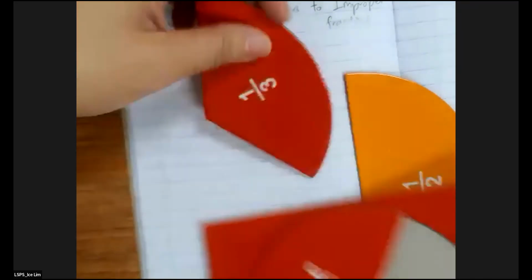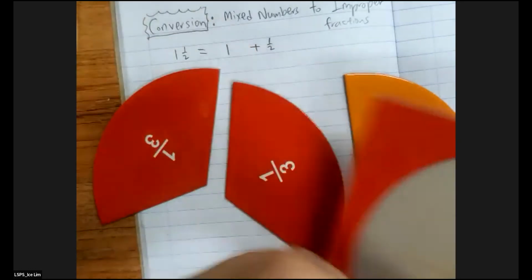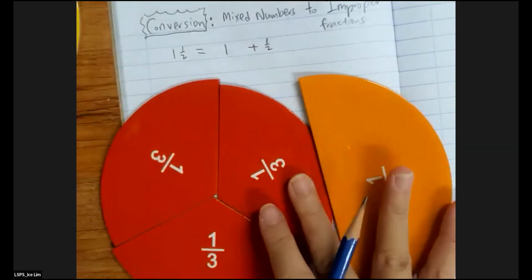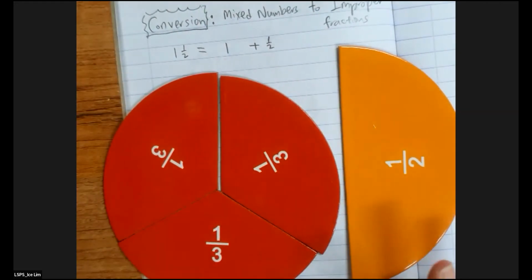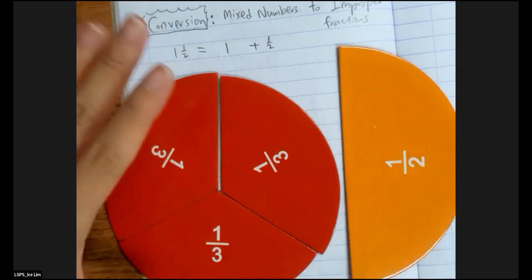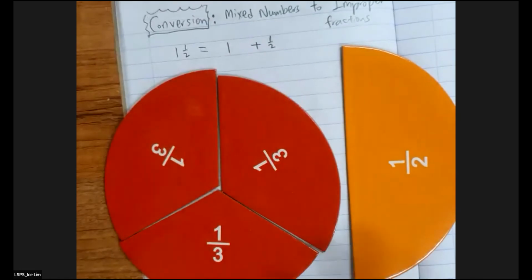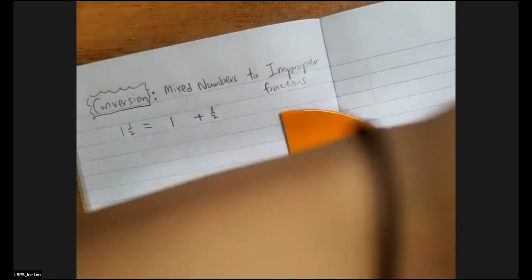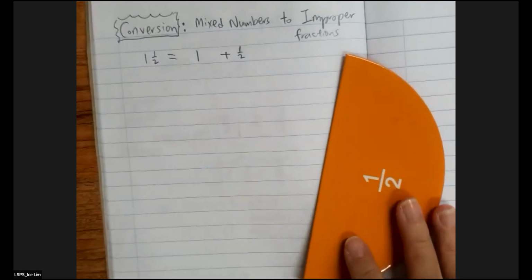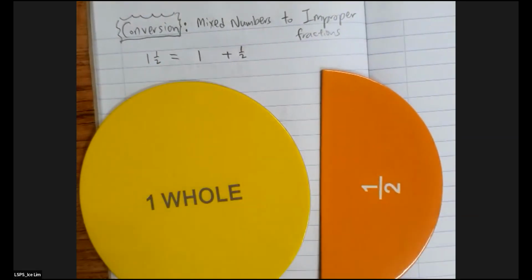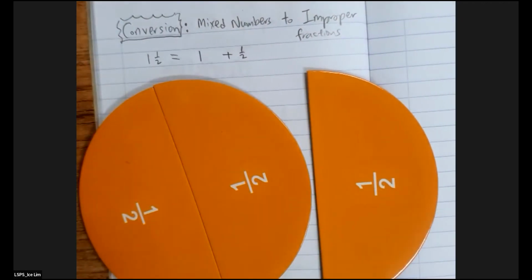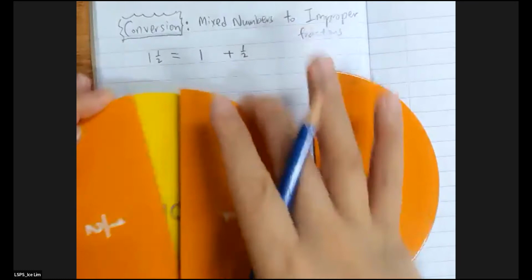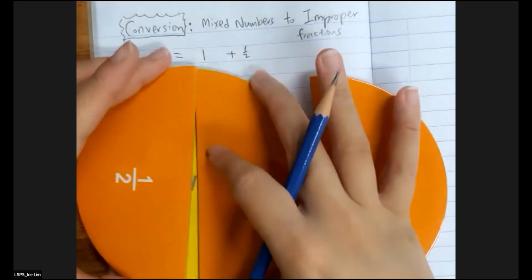It equals the whole. I replace the whole with thirds and I add them together. Is it easy to add this? No, it's going to be challenging, even though this is also a whole. So I won't choose this. I will go back to the halves.